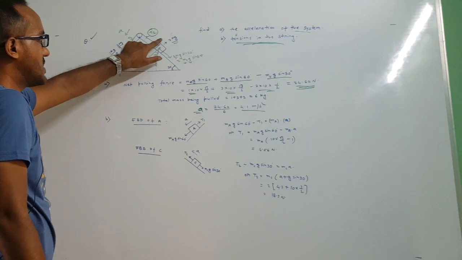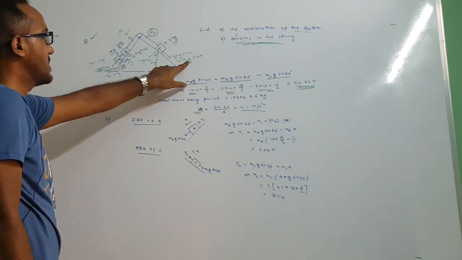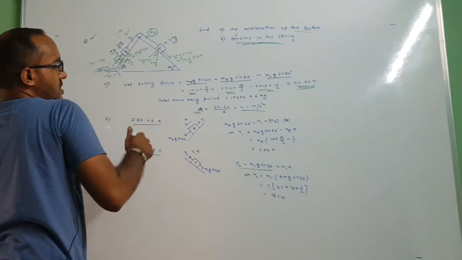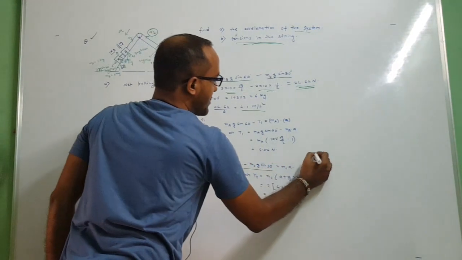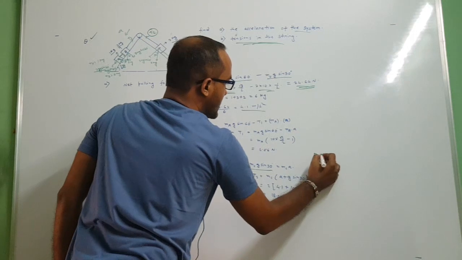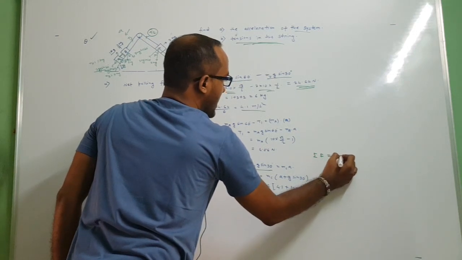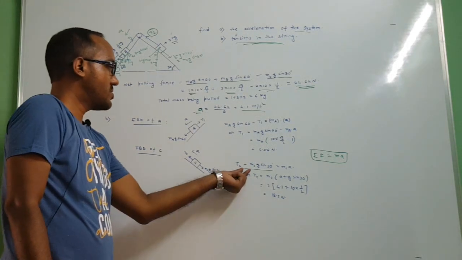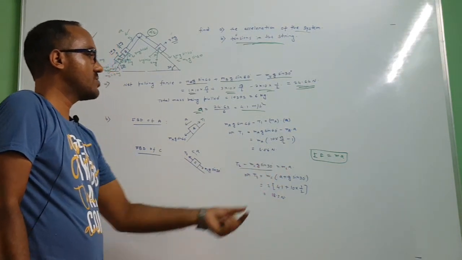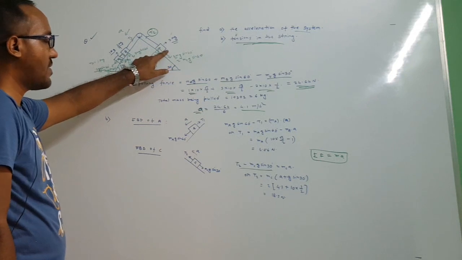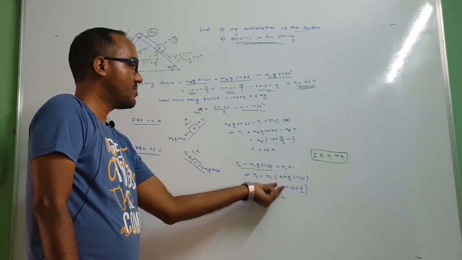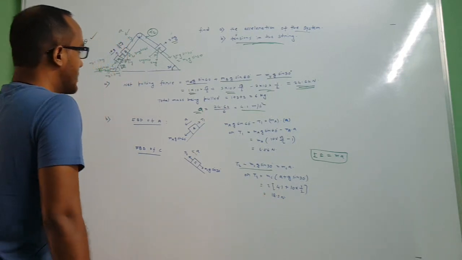T2 minus the opposing force m_C g sin 60 should equal mass into acceleration, because the summation of F equals mass times acceleration. The mass is the mass of block C. Put all the values and you will get 18.2 Newton.